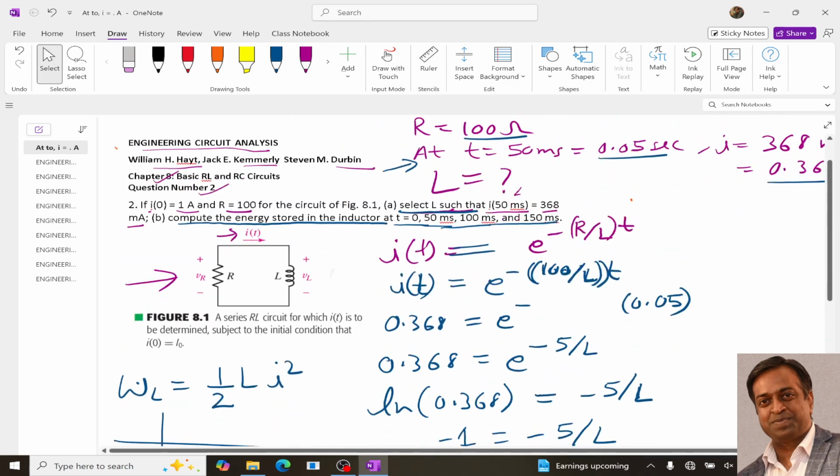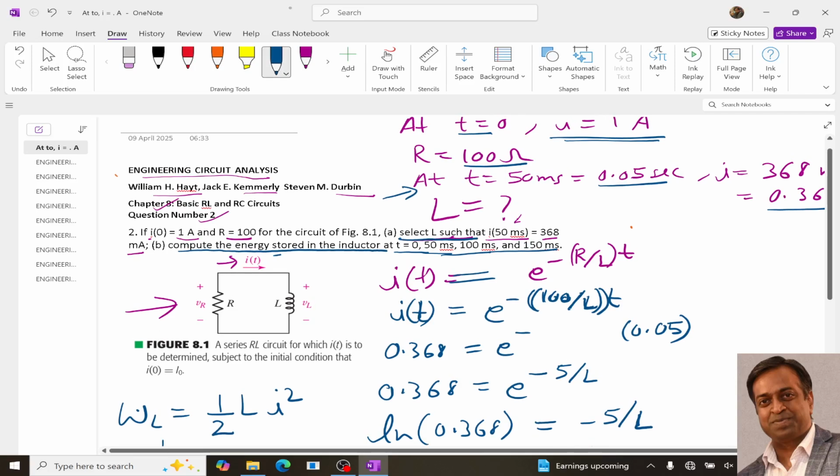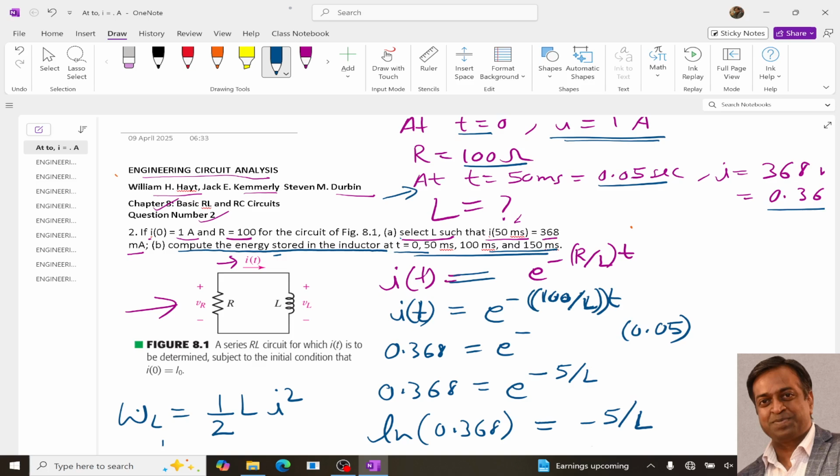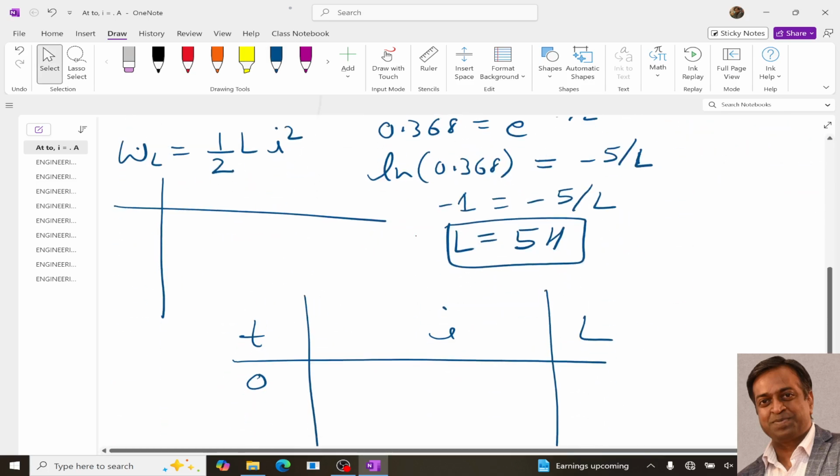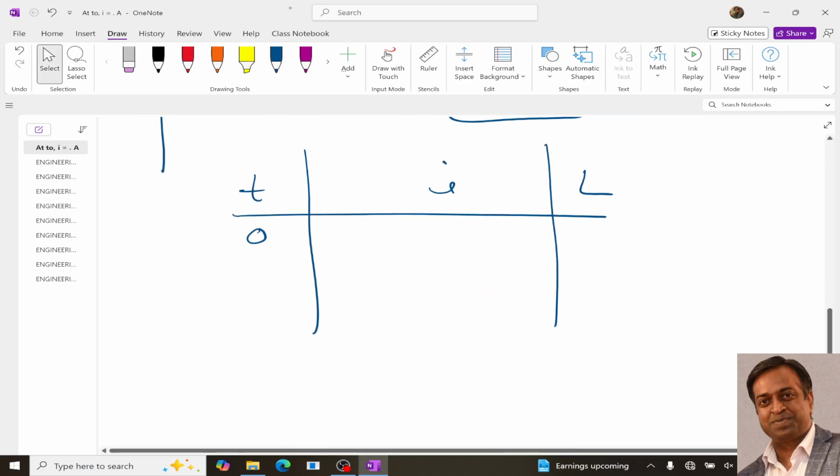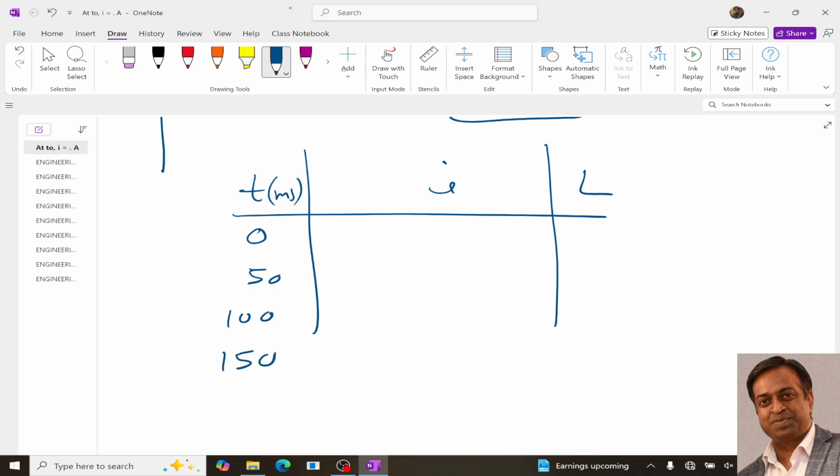We need to calculate the energy at t equals 0 seconds, 50 milliseconds, 100 milliseconds and 150 milliseconds. So 0, 50, 100, 150 in milliseconds.